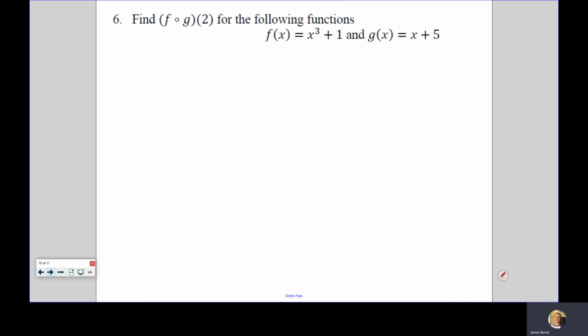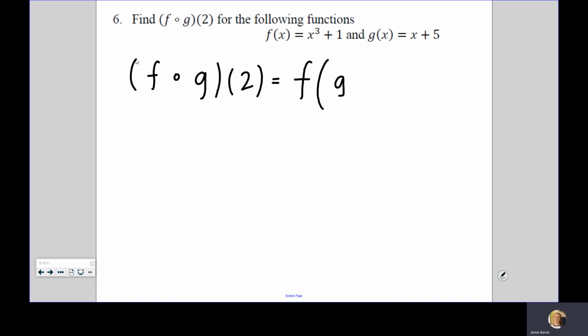F of x is x cubed plus 1, and g of x is x plus 5. All right, so we have f composed with g of 2. So the rule says f goes on the outside, g goes on the inside. That's 2 this time instead of x.